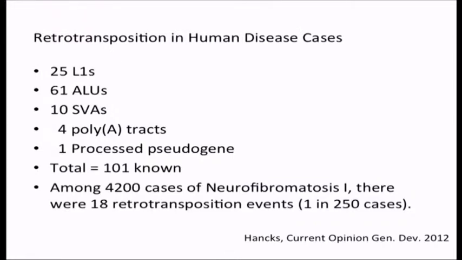Of those 4,200 cases, of course, most were point mutations, but there were 18 retrotransposition events. So that's where I got the number of 1 in 250 cases. So it's not that common a mechanism, but it does occur to some extent.